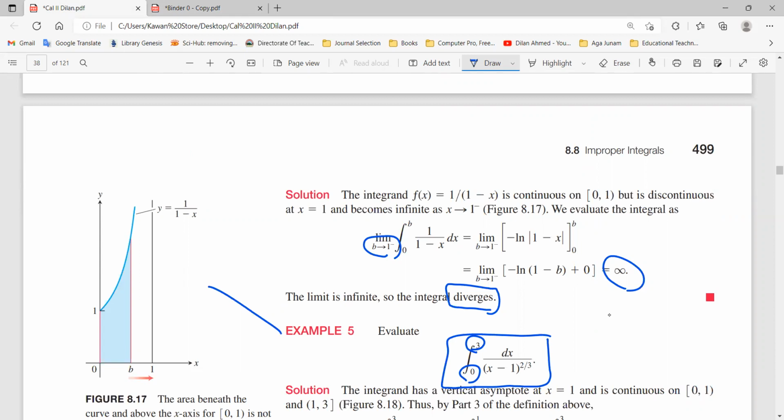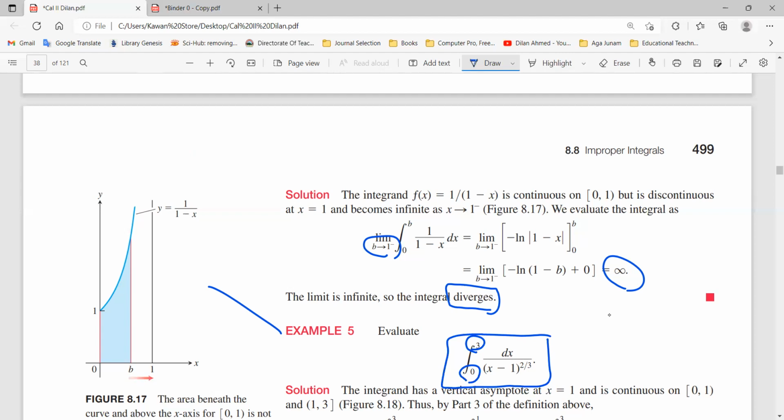Good. So we need the idea. Write for yourself: when you see the boundary, first of all think about the vertical asymptote. Maybe it's an improper integral, before you substitute and solve.